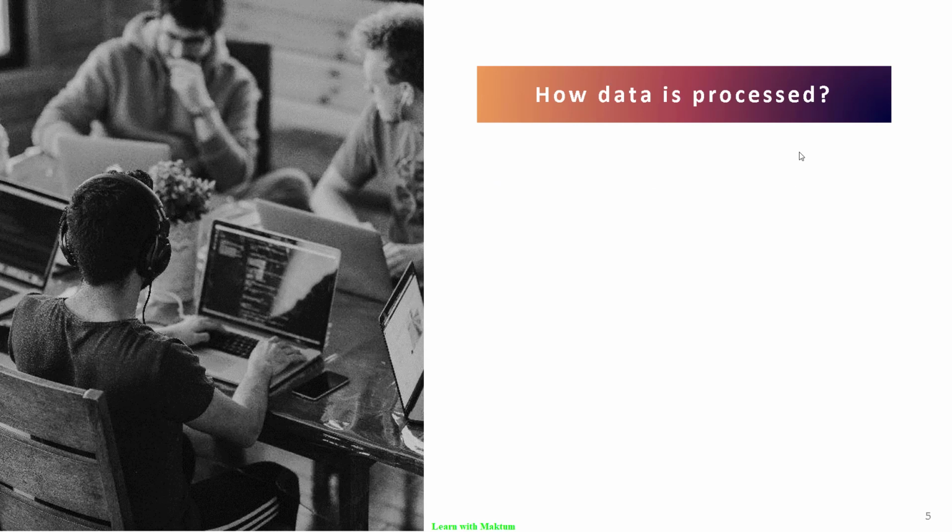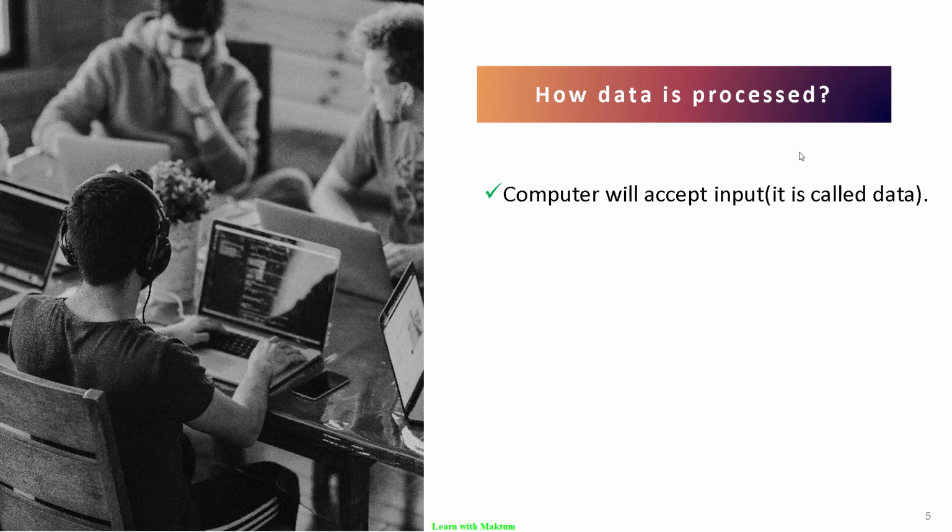Okay. How is data processed? The computer will accept the input. So we are going to give the input to the computer, and it will accept that input. Once the data is accepted, one more thing you should remember is that the computer will not understand any language. It doesn't know English, it doesn't know Kannada, it doesn't know Hindi.